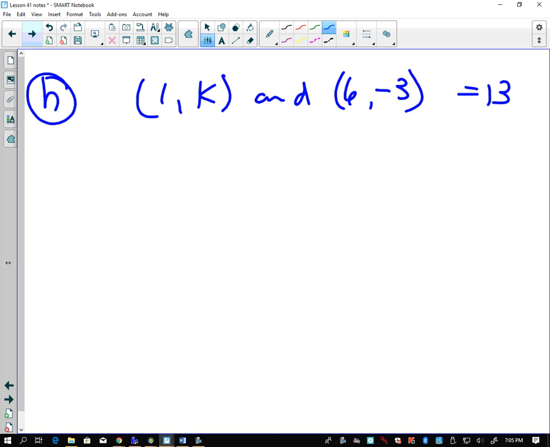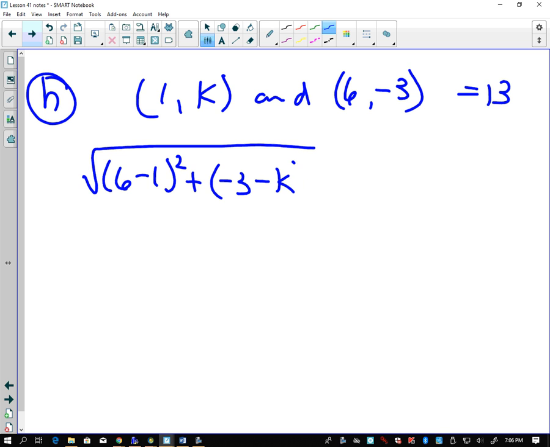Let's use the distance formula. We get 6 minus 1 squared, plus negative 3 minus k squared, and this has to equal 13.